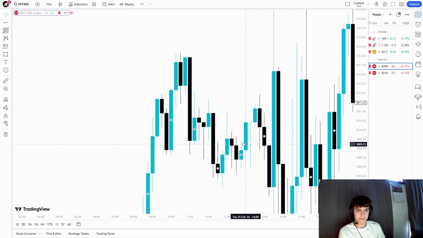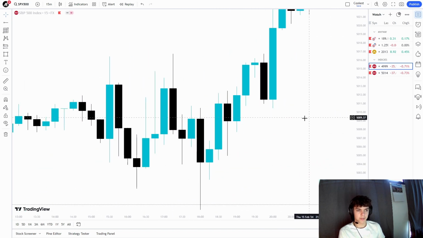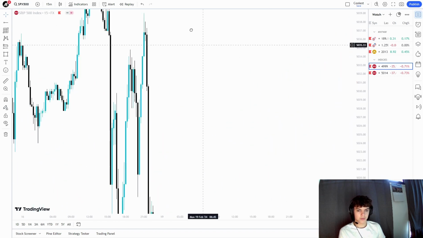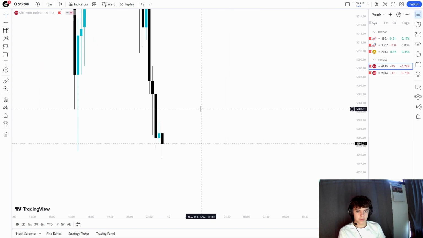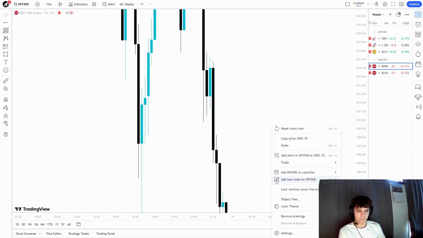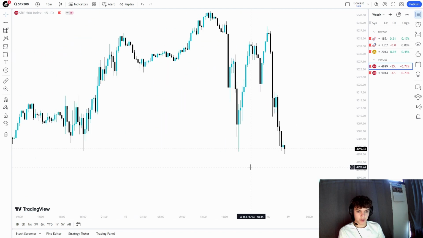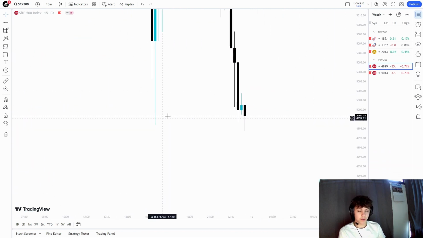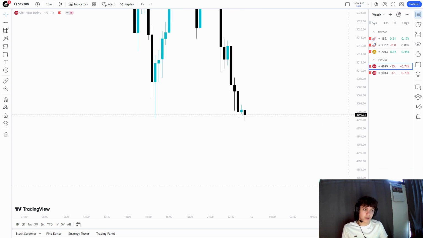Okay, that's cool. And this is a mess currently. Well, where are we? Okay. And right here, what just happened? We swept liquidity. If we would see now a break structure to the upside, that would most definitely work.